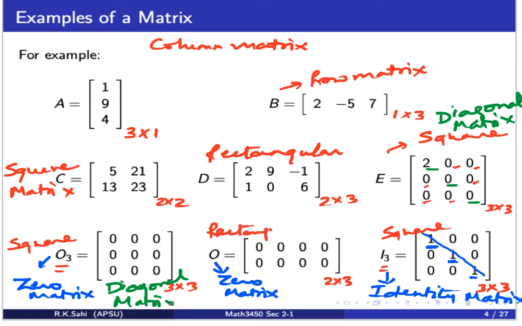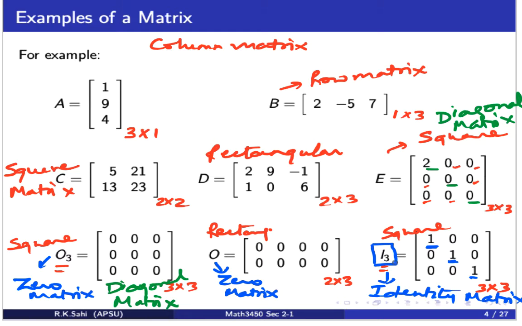We don't care what the diagonal entries are, we only care that all the non-diagonal elements are 0. Now, when we come to I3, as I said, it has a very specific name and we'll be using this a lot. This is the identity matrix. The reason is that not only is every non-diagonal element a 0, but every diagonal element is a 1. So I3 is a very, very special matrix, remember.